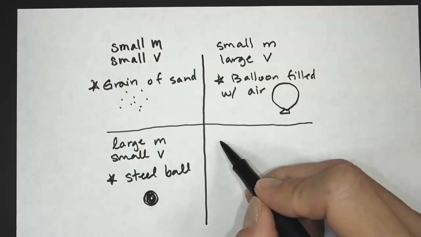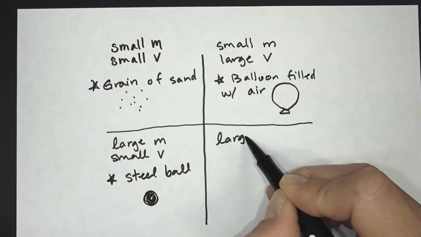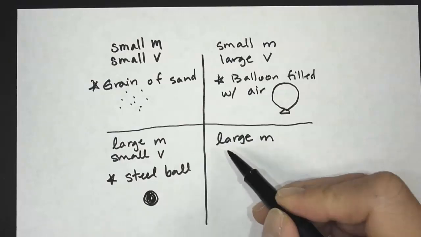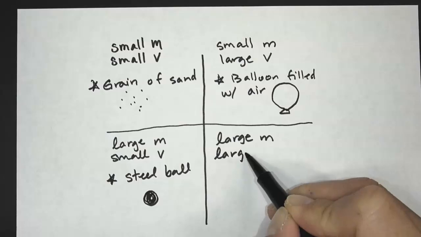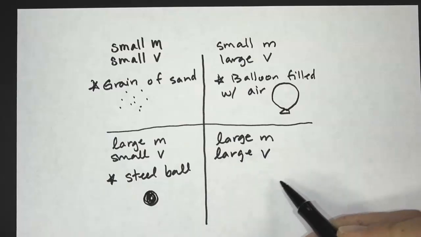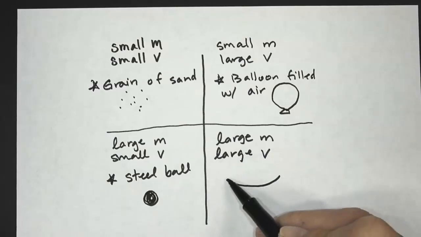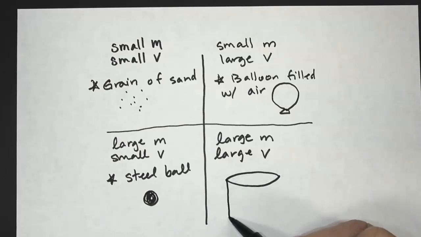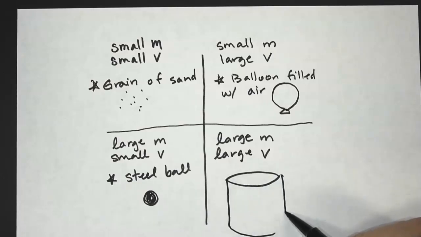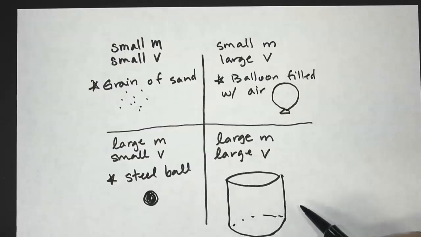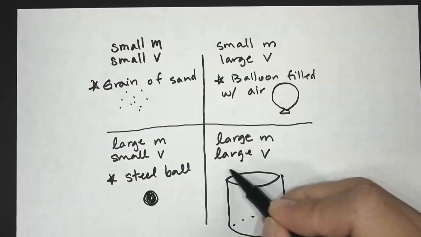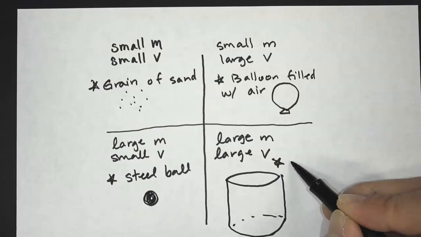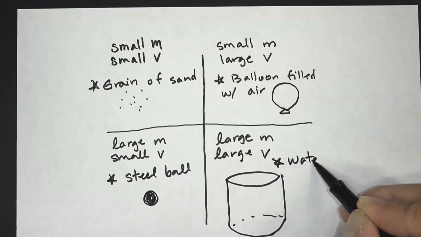And finally, we're going to look at an object that has a large mass and a large volume. This could be like a large water container, maybe a barrel of some sort. So this is a large water barrel. Go ahead and put that there.